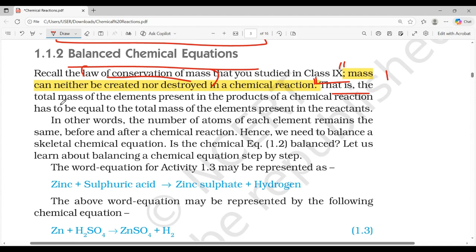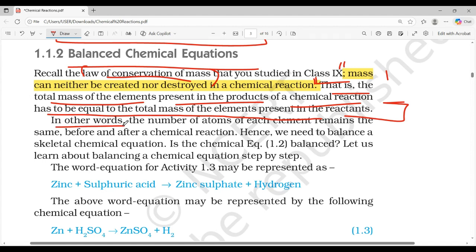That is, the total mass of elements present in the products of the chemical reaction has to be equal to the total mass of elements present in the reactants. So the total mass of the elements on the left hand side should be equal to that on the right hand side, in order to follow the law of conservation of mass, which states that mass can neither be created nor destroyed.